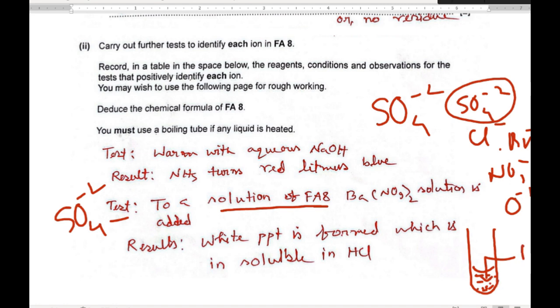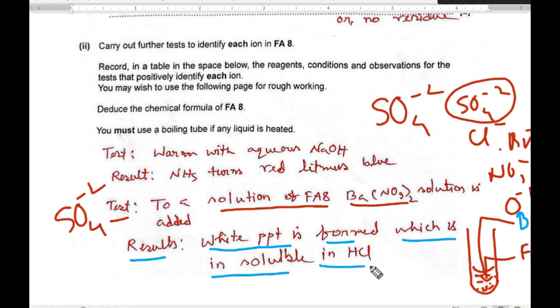You will prepare F8 solution. Then you add barium nitrate solution, and you would see a white precipitate is formed, which is insoluble in hydrochloric acid.